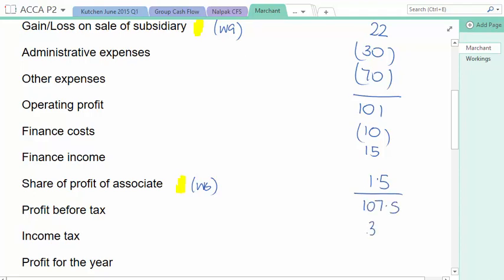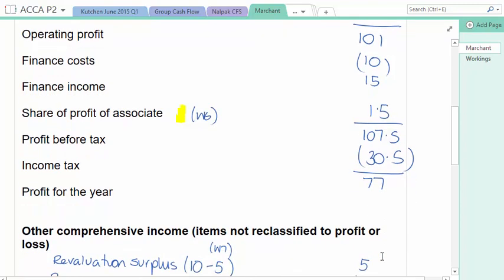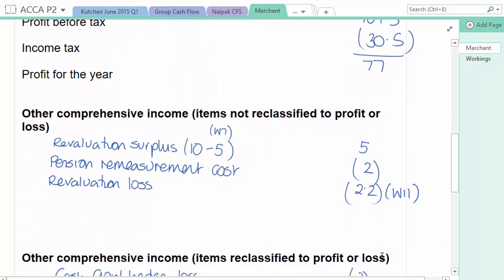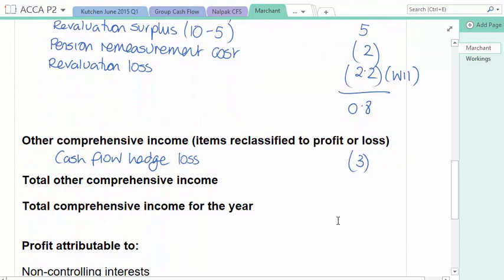That gives 107.5, less tax of 30.5. So I've got a profit for the year of 77. We've then got our other comprehensive income, 5 less 2 less 2.2. And we've got the 3 million of cash flow hedges.